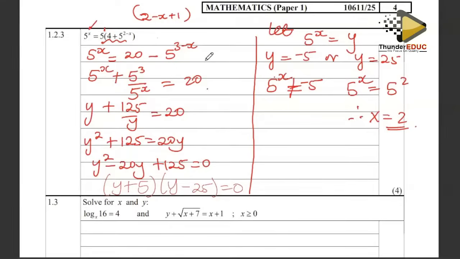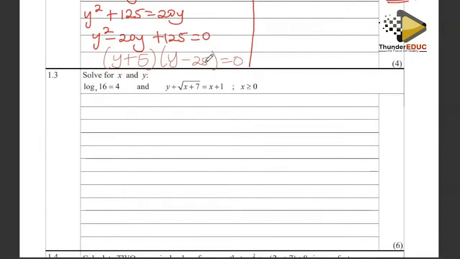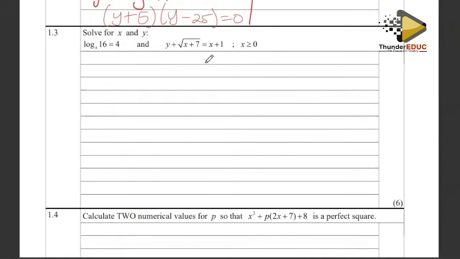Okay, we'll move on to 1.3, which is the simultaneous equations. Now, I don't know what's wrong with the examiners. It's like they are just proving to be complicated. They want to complicate life.